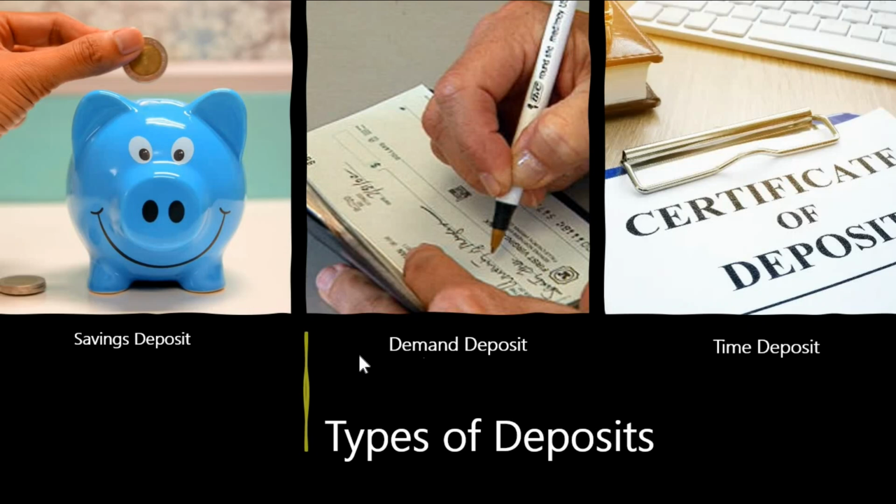So, most probably, ito yung type of deposit na magkakaroon ng timing difference in recording. Therefore, malamang hindi equal yung cash balance per book and yung cash balance per bank.